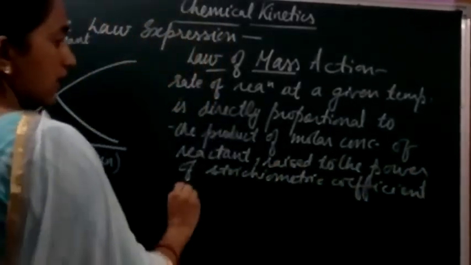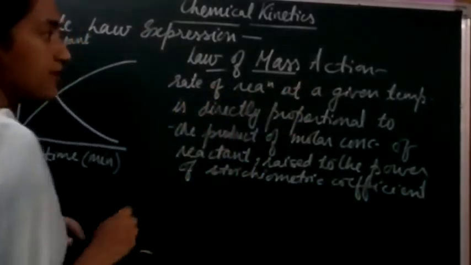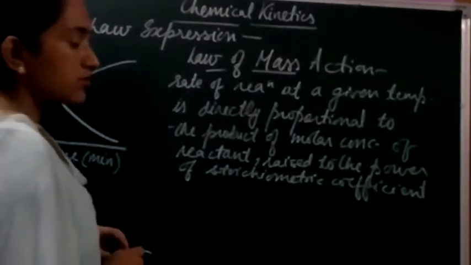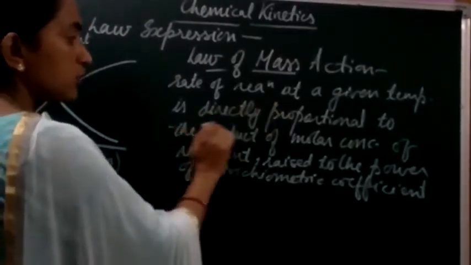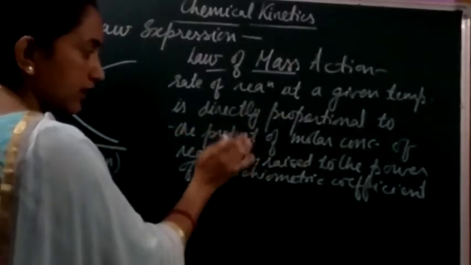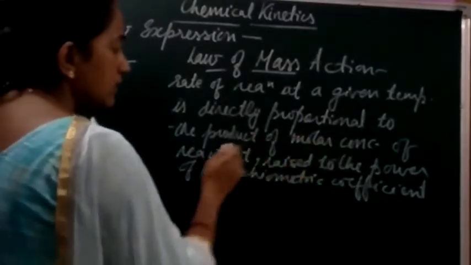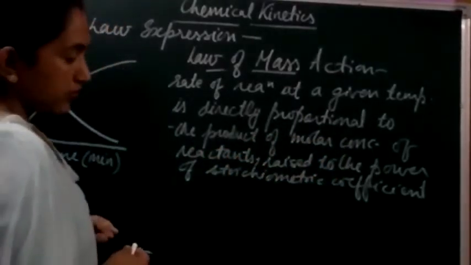That means the rate of a reaction at a given temperature, the temperature will be specified, is directly proportional to the product of the molar concentration of the reactant. Or if you directly write it down, it is directly proportional to the molar concentration of reactant. That is also okay. And if you complete it in this way, it is the product of the molar concentration of reactant raised to the power of the stoichiometric coefficient.